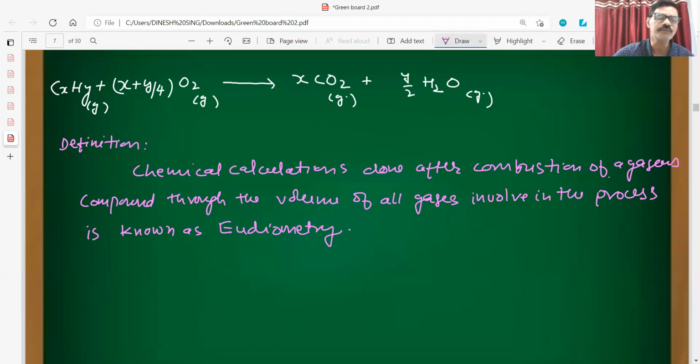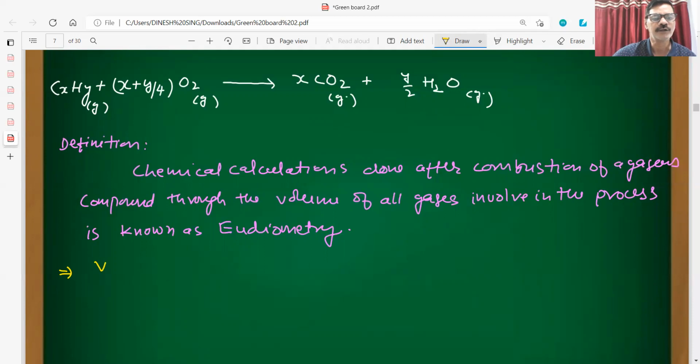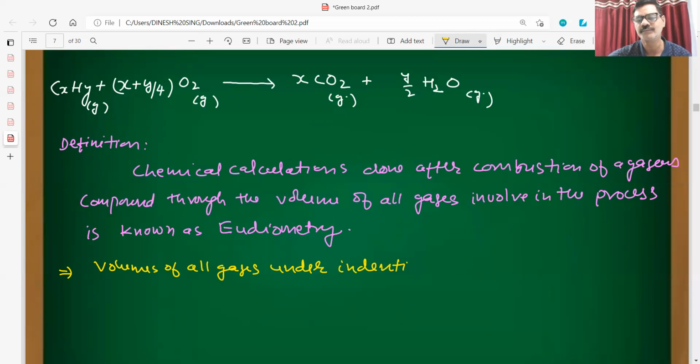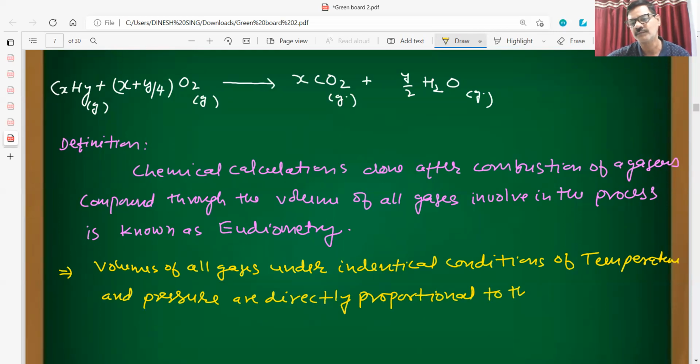In eudiometry, we know that the volumes of all gases under identical conditions of temperature and pressure are directly proportional to their number of moles.